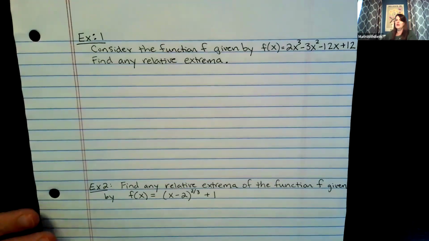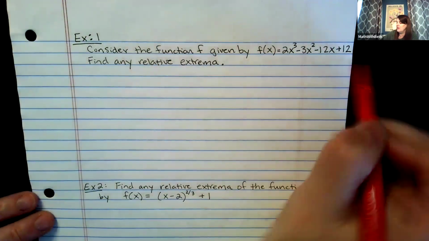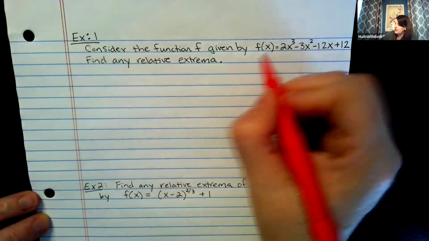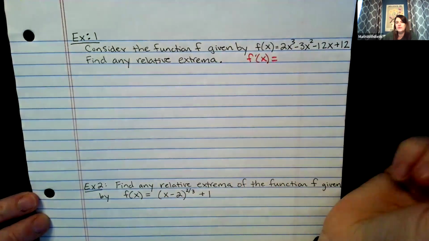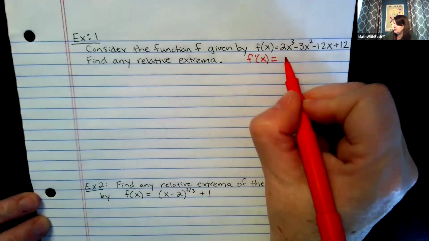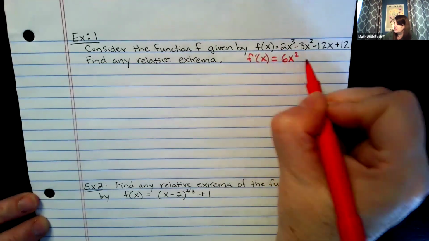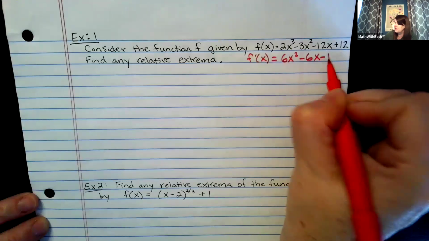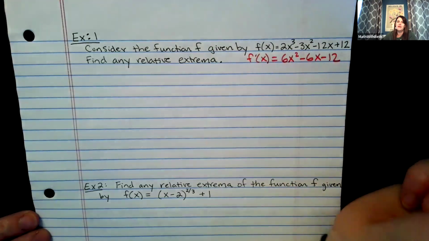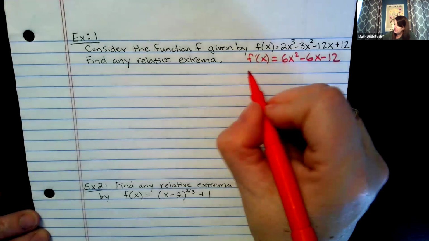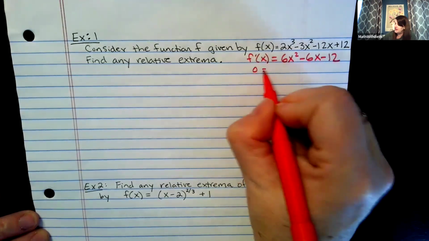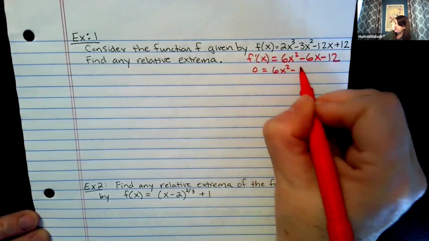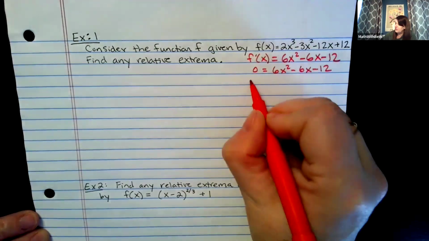So it's a lot of wording to basically just say this. So let's do an example to see how it works. So if this was my equation and I wanted to find any relative extrema, I'm first going to find my derivative. And this is a simple derivative because I can just use the power rule. So it becomes 6x squared minus 6x minus 12. So now to find the critical points, since there is nowhere this would be undefined, I just have to set it equal to 0 and solve to find any critical points.